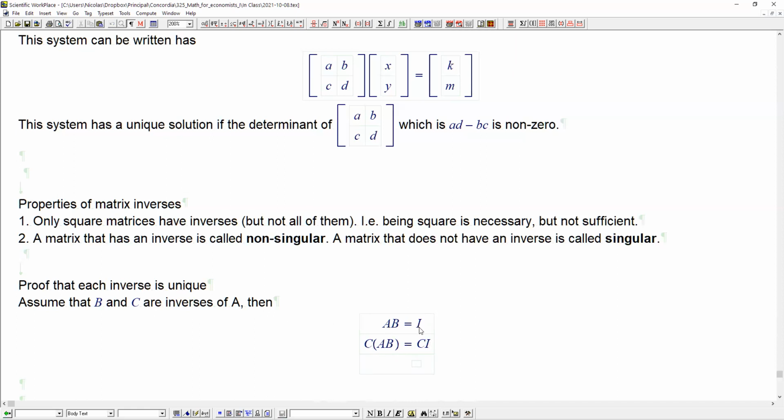And then what I'm allowed to do is use the associativity of multiplication and write CA times B equals CI. And this I'm using associativity of multiplication.